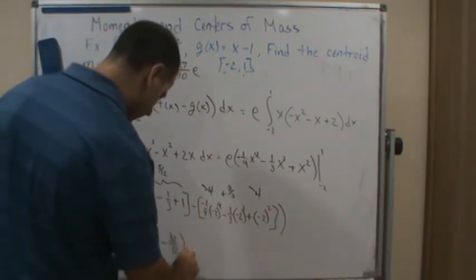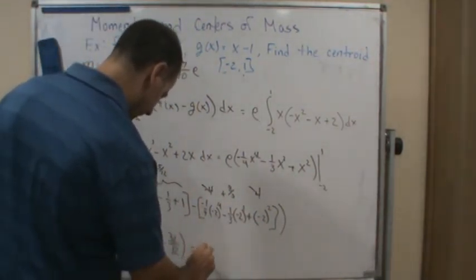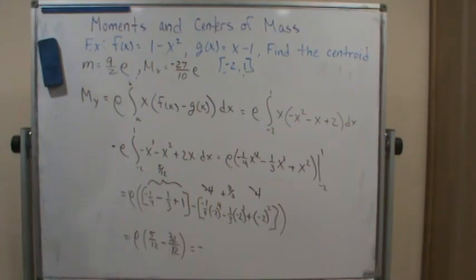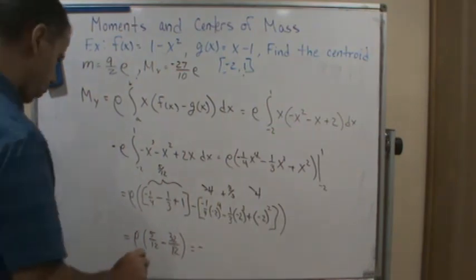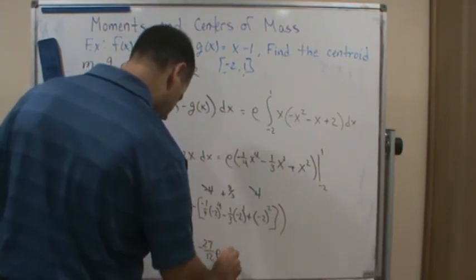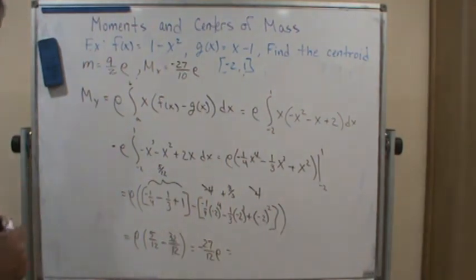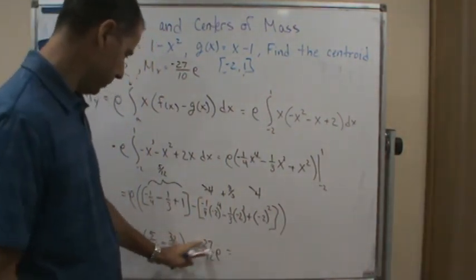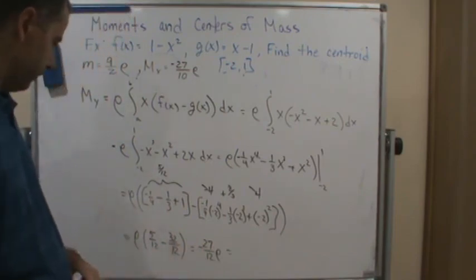And so now what am I going to get? I'm going to get negative 27 twelfths times rho, which reduces to what? Because both of these are divisible by 3.